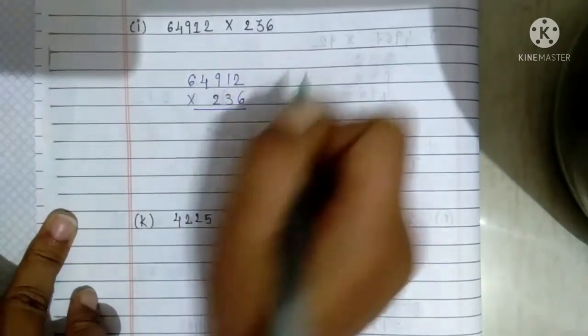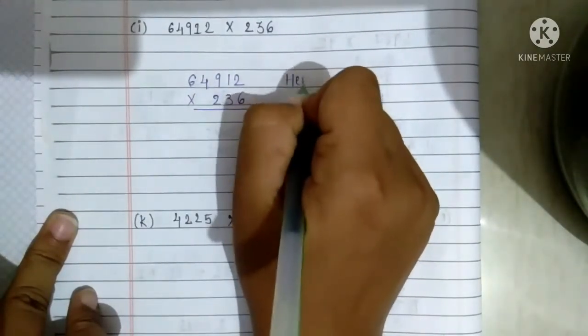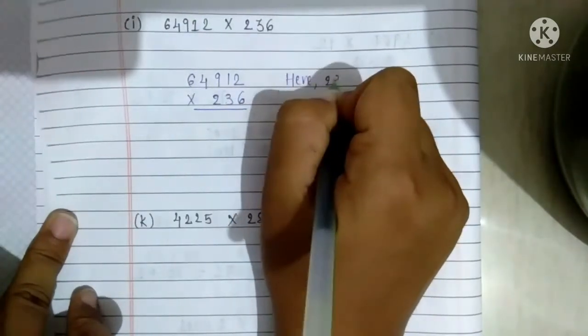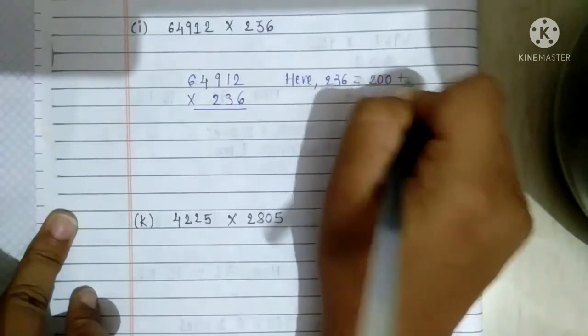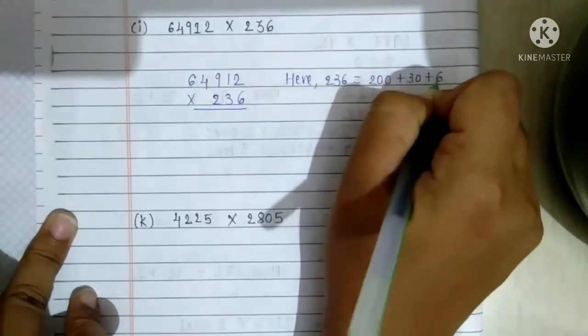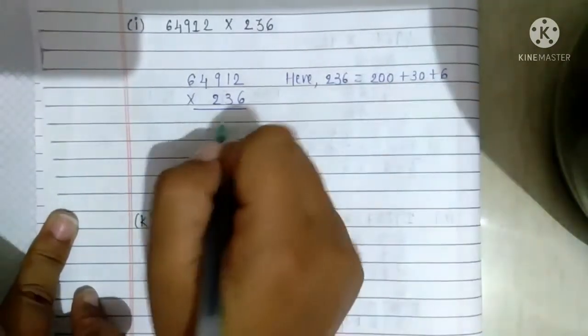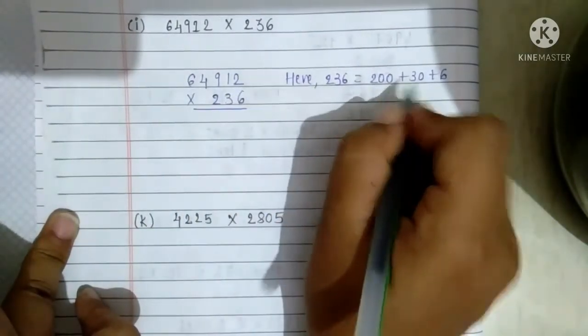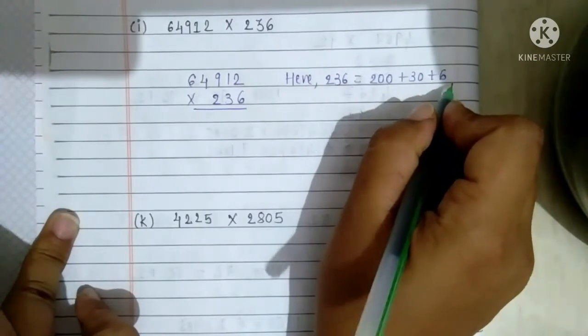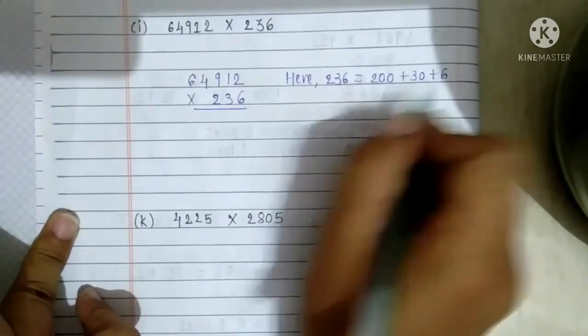Here 236 is equal to 200 plus 30 plus 6. So we multiply 64,912 by 200, 30 and 6 and add the products.